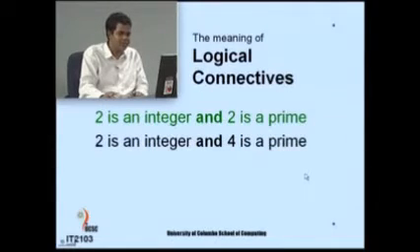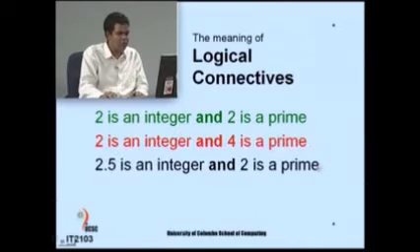Now, consider this example, "2 is an integer and 4 is prime." We know that 4 is not a prime. Therefore, this statement, even though 2 is an integer, is false. When two propositions are connected with the AND and one of them is false, the entire proposition is also false.